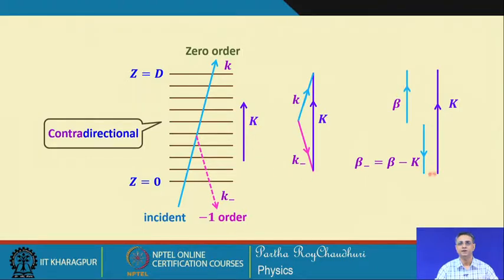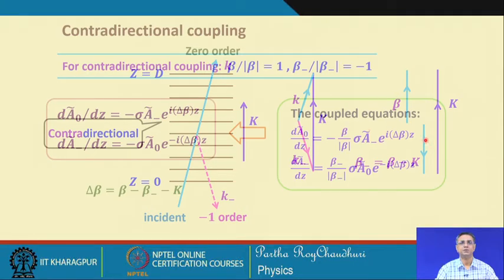So, this is a very nice way of looking at the z components of the propagation vectors, which will be put together. Beta is the z component of propagation for the incident wave. This will be the minus order diffracted wave, which will be modified by the presence of this k vector due to the acoustic wave.